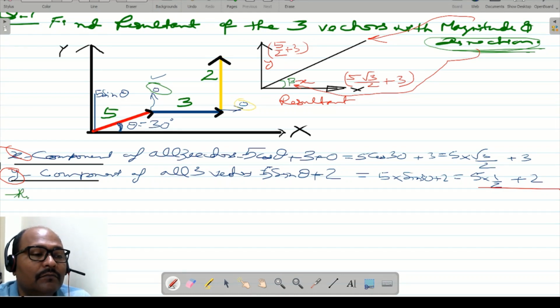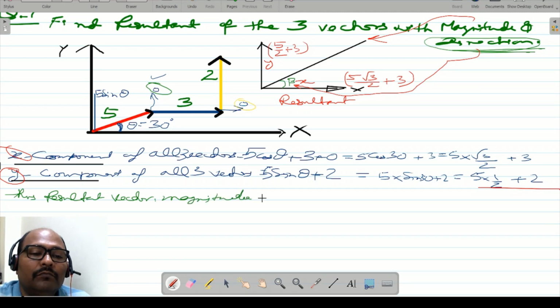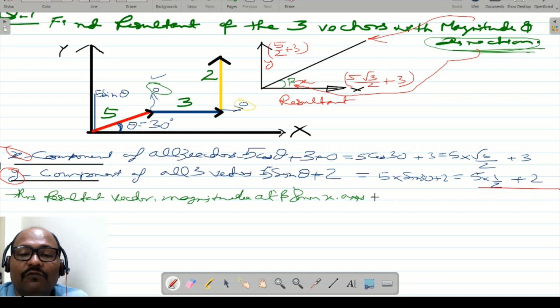Thus, the resultant vector has a magnitude at beta angle from the x-axis. And what is the value of this?